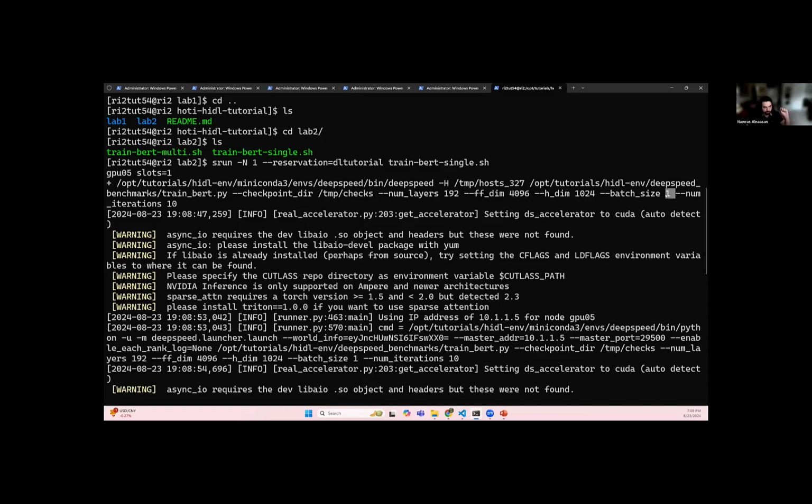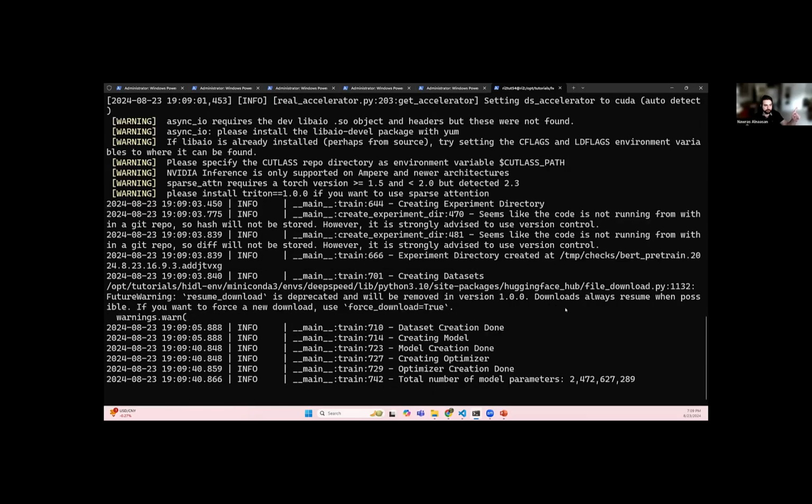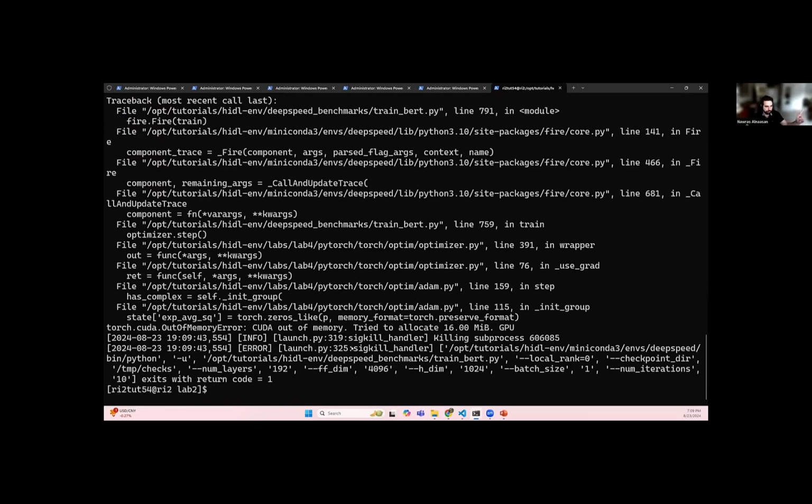We're just trying a batch size of 1, the smallest batch possible, and we'll see if it fits in this single V100 GPU. The V100 that we're running on has 32 gigabytes of memory, and we're seeing this out of memory error. It says CUDA out of memory, tried to allocate 16 bytes on this GPU, and it failed.